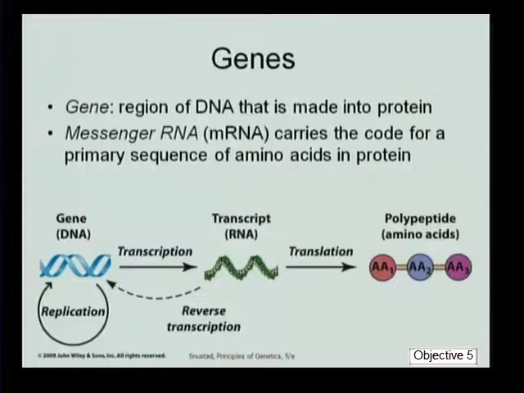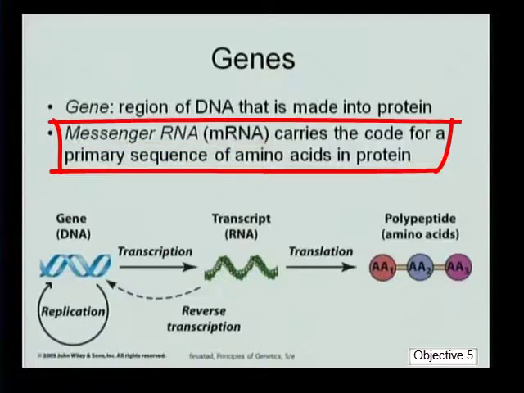The RNA molecule that's responsible for being copied and carrying that information outside of the nucleus to the cytoplasm where the ribosomes can act on it is called messenger RNA. And you don't have to think too hard to figure out why it is that we call this messenger RNA, because it's the RNA that's carrying the code for a primary sequence of amino acids in a protein.